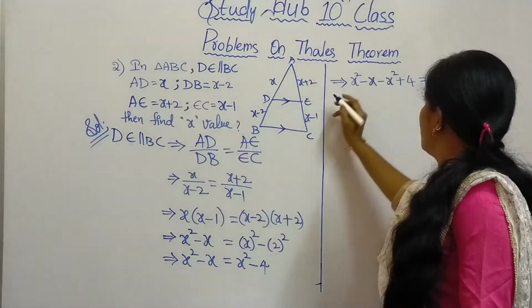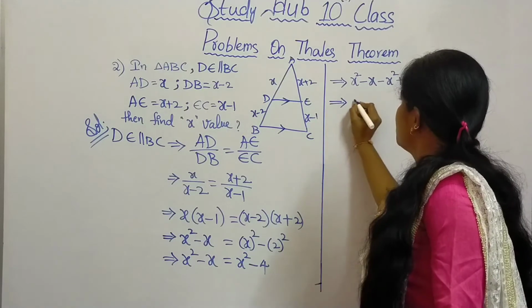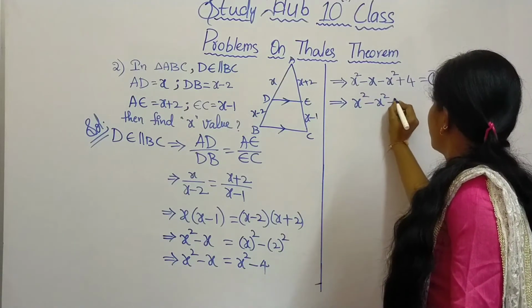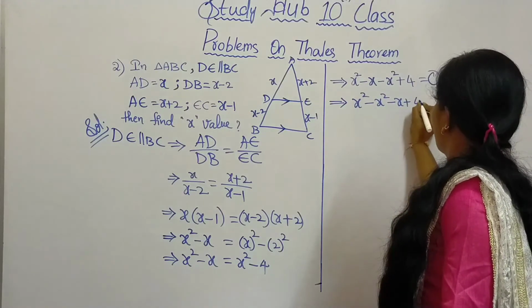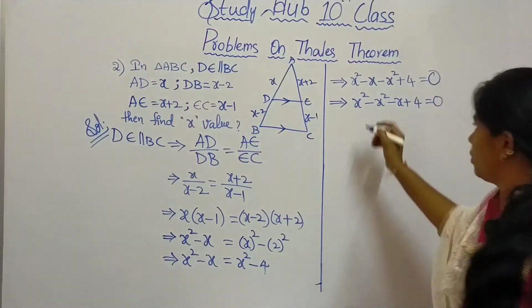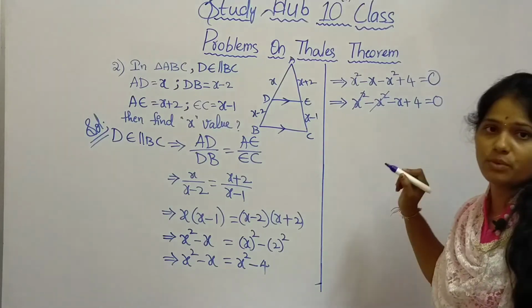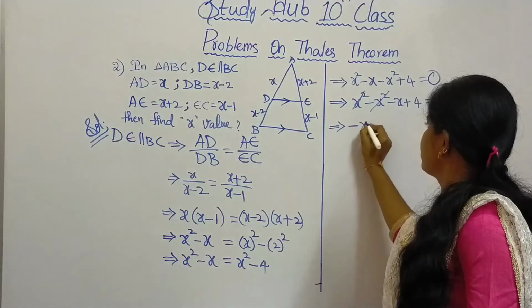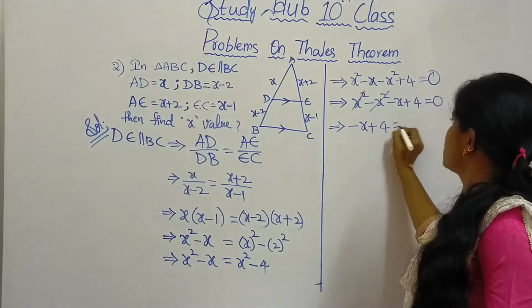Writing like terms together, x square minus x square minus x plus 4 is equal to 0. Plus x square and minus x square cancel, and the remaining is minus x plus 4 is equal to 0.